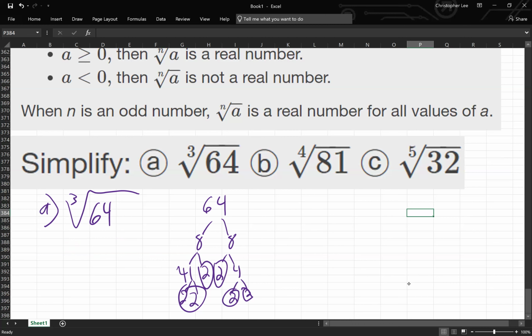It's 2 times 2. All right. So now let me count my twos. I have one, two, three, four, five twos, six twos, right? So I know that the cube root of 64 becomes 2 to the sixth power.